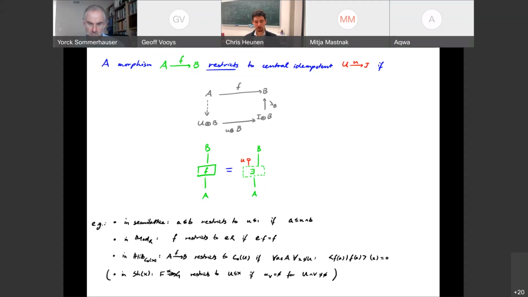In the category of Hilbert modules, a morphism restricts to a central idempotent over an open set U exactly when the function vanishes outside of U, in the sense that the inner product of the value of the function with itself, remember this is a scalar, so an element of C0 X, a function, outside of U, so for all x not in U, I want that thing to vanish. And let me skip this.